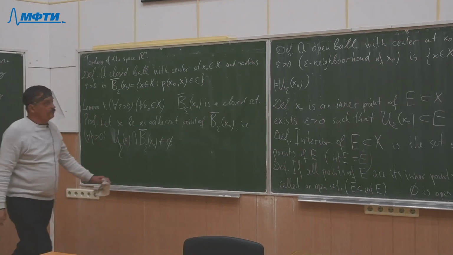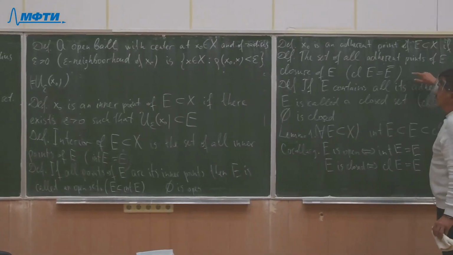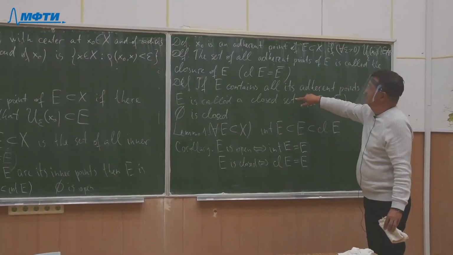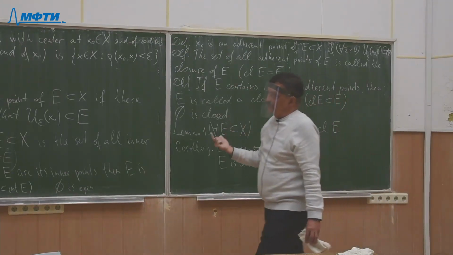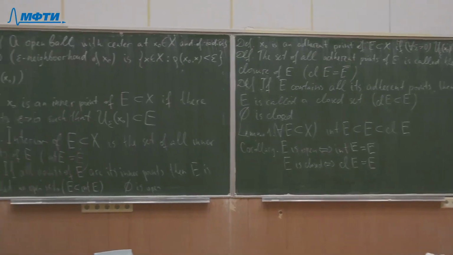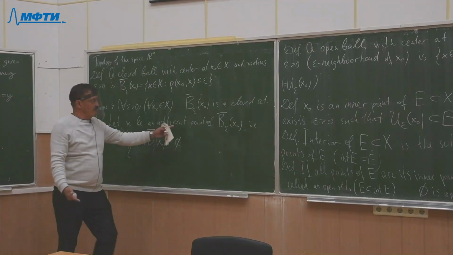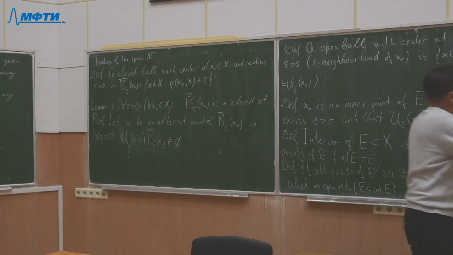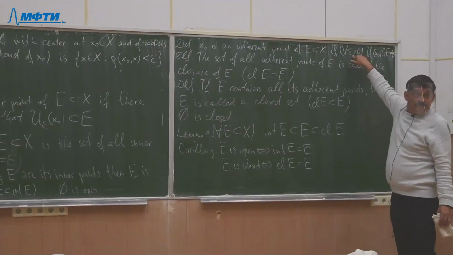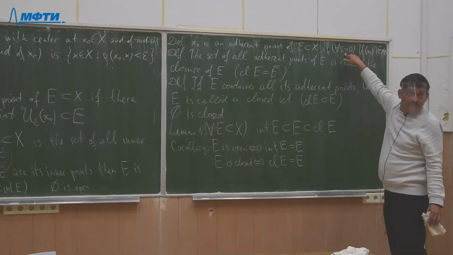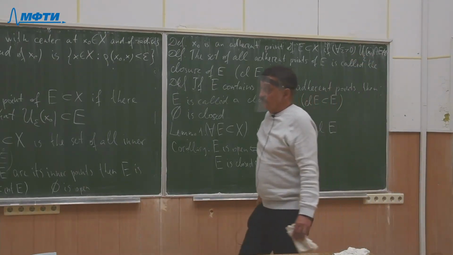Not empty, right? So, look, I look just at the definition. What is a closed set? If E contains all its adherent points. So it means what I need to check: I need to take an arbitrary adherent point, and adherent point means, once again, for arbitrary, now I cannot use the same letter, I need to use another one, the intersection should be non-empty.